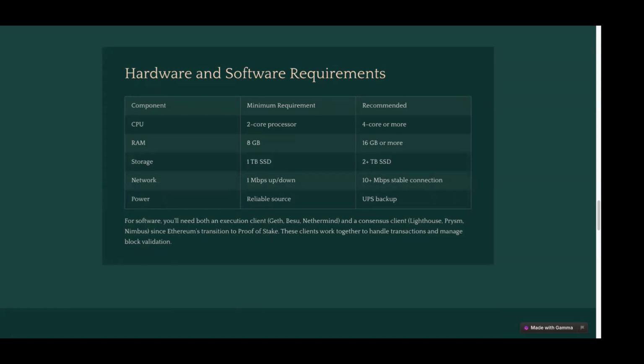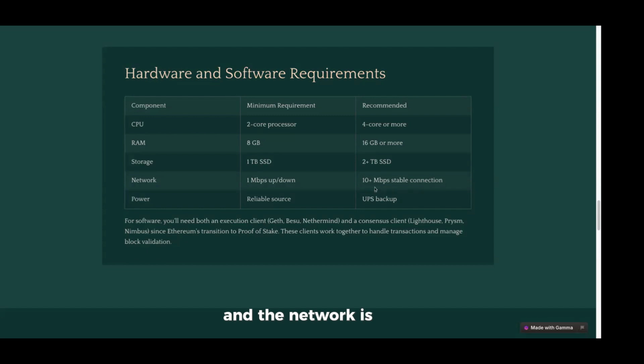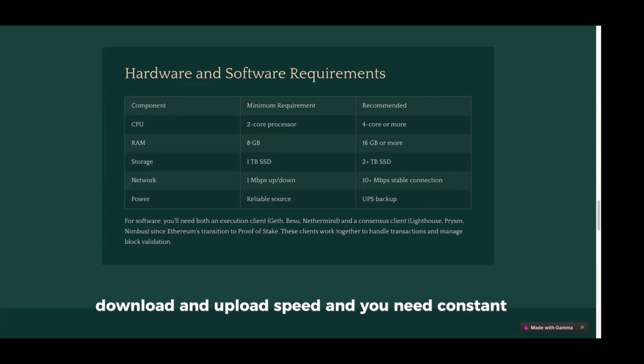So basically, all of these requirements depend on the blockchain and also the data it has been processing. Blockchains like Ethereum basically require a significant amount of storage or capacity. And the network is from 10 Mbps download and upload speed, and you need a constant power supply.